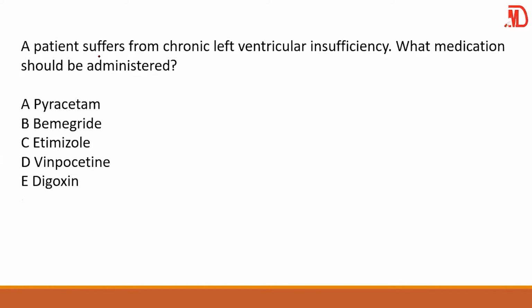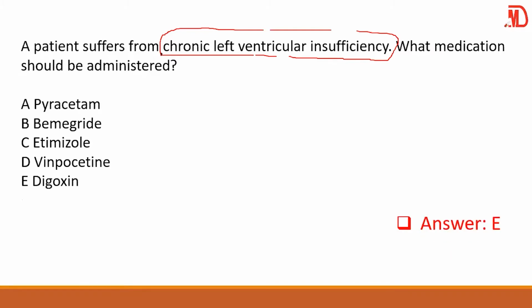We have a patient who suffers from, guys, look at it, chronic left ventricular insufficiency. Chronic is the same as chronic heart insufficiency or chronic cardiac insufficiency. It's the same thing. So what medication do you give? We've made mention of it several times. So here you're going for decoxin.